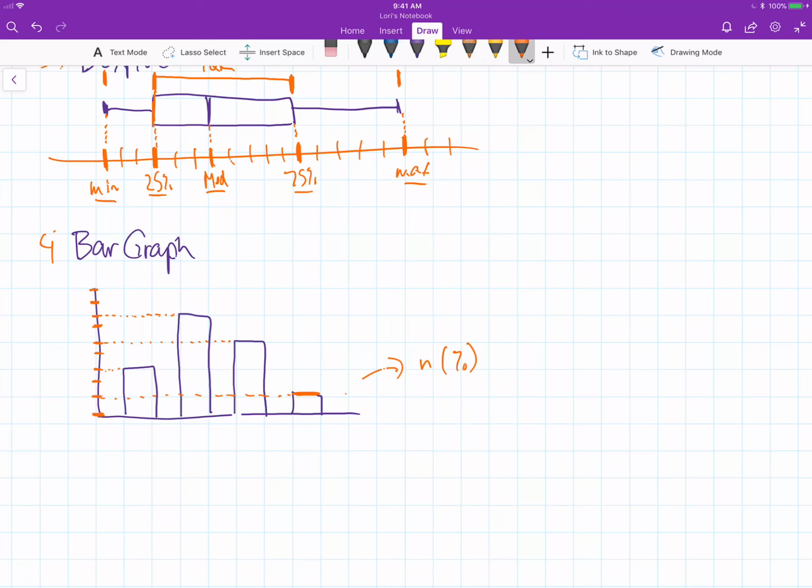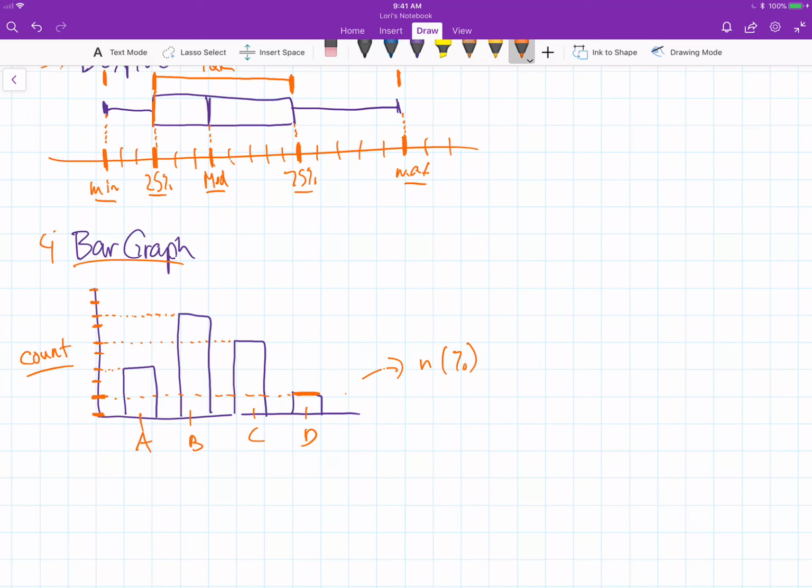So we're looking at the height of the bar and following it over here to the left-hand side. Now the main thing to remember is that bar graphs usually show counts. In other words, they show the frequency of that particular category, let's say A, B, C, and D.